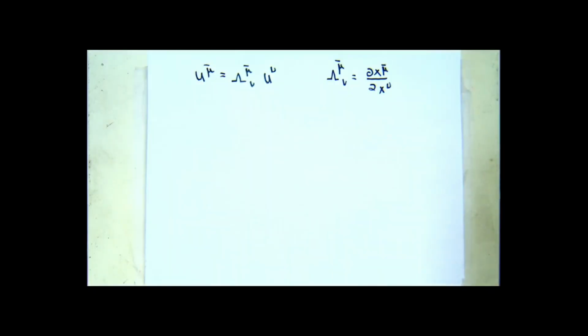That means that lambda mu bar nu is just the partial derivative of x number mu bar with respect to x number nu. At the moment, that statement doesn't mean a whole lot to us, but when we jump to non-flat situations, this will be our wedge into curved spacetimes.